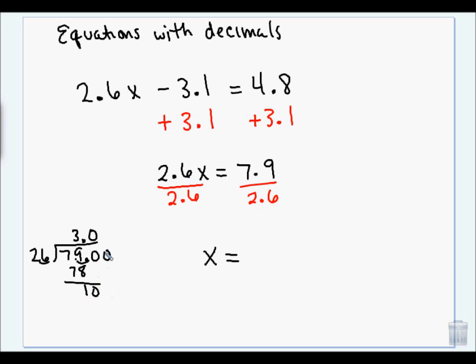Another 0. 3 times. And that's probably going to be over 5. Do you agree? So that means this will round to 3.04.